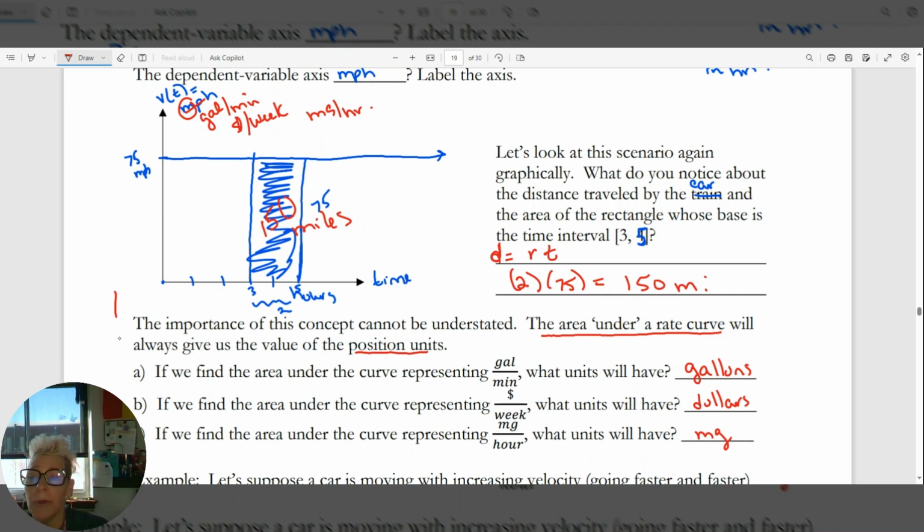So this is super important. If we have a rate curve, if we have a derivative graph, then the area under that curve will always be what we call the position units, or the units of the original function whose derivative we have taken.